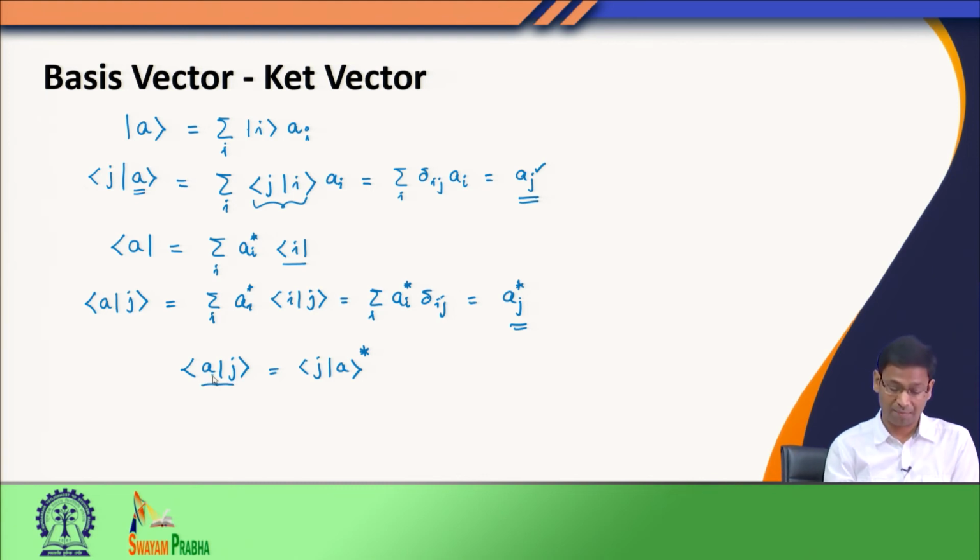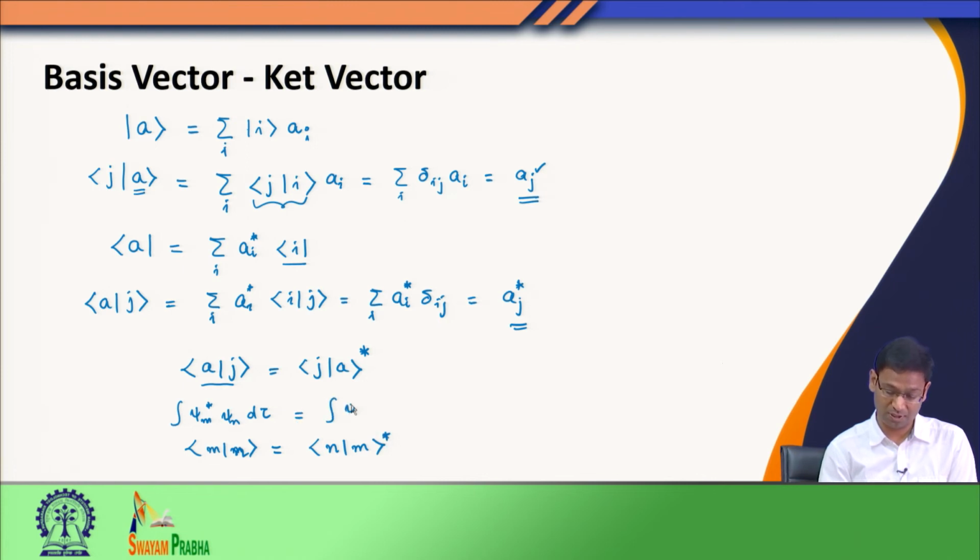So, this would suggest that a_j is essentially the overlap. When I am writing something in the bra and in the ket, if I exchange them, then I have this complex conjugate. So, in other words, this is my <m|n>, and I want to write it as <n|m> star.